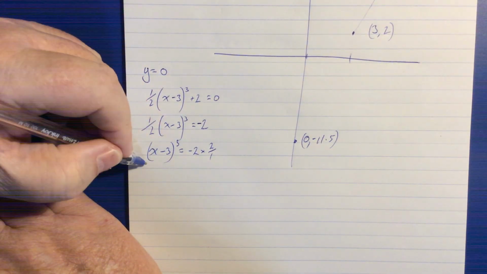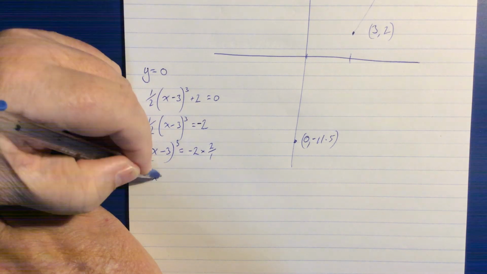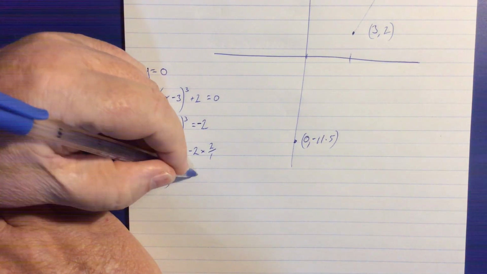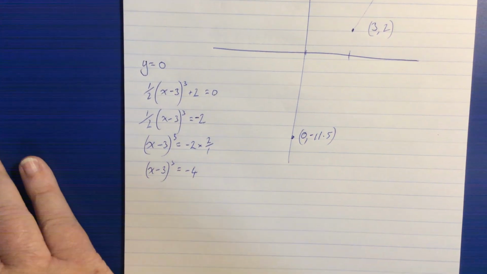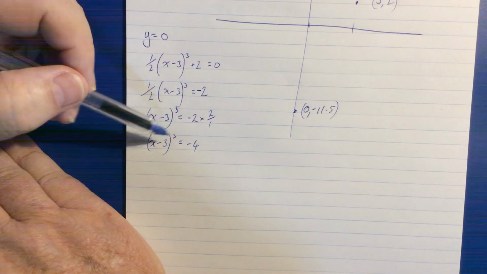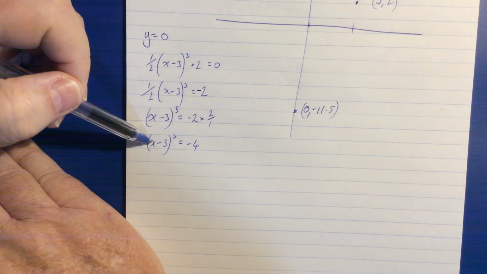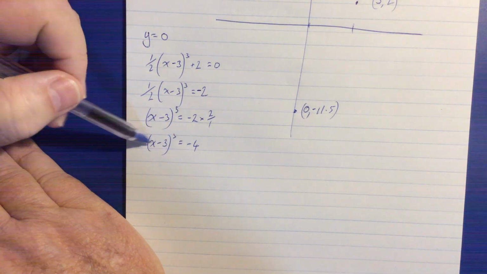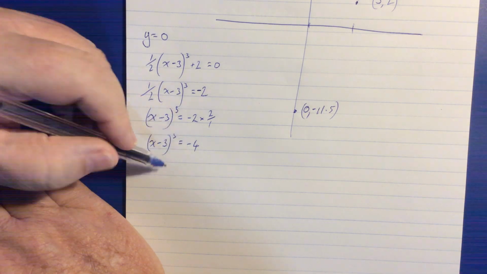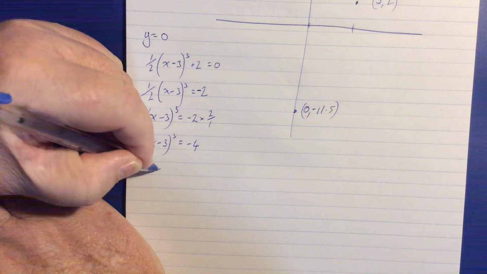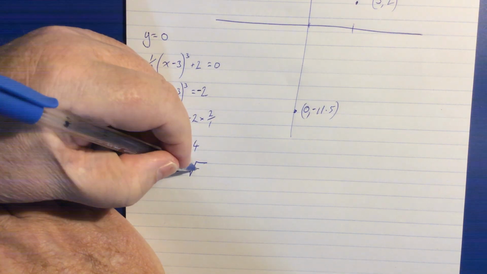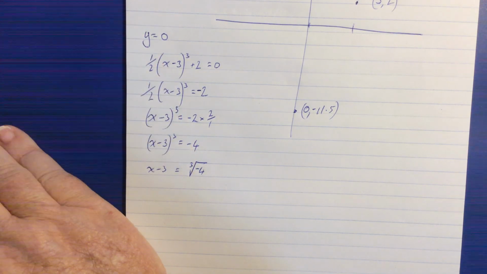Now, so just to tidy this up, (x minus 3) cubed equals negative 4. Okay. We need to find x. In order to get rid of this bracket, we're going to have to take the cube root of both sides. So we're going to wind up with x minus 3 equals the third root of negative 4.